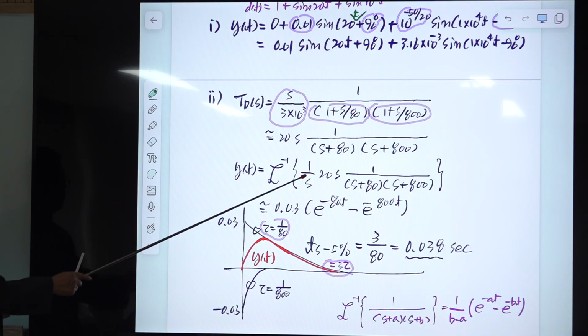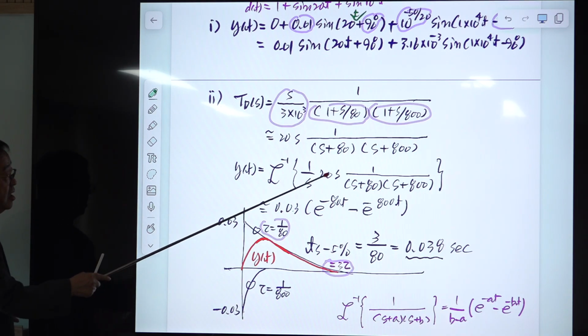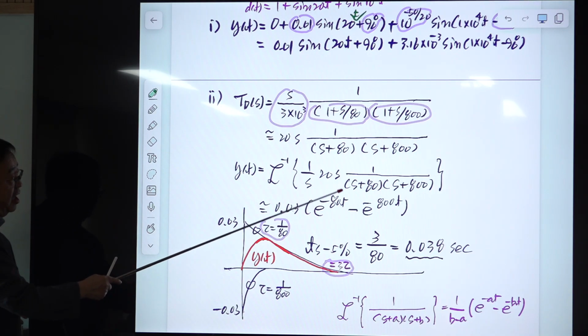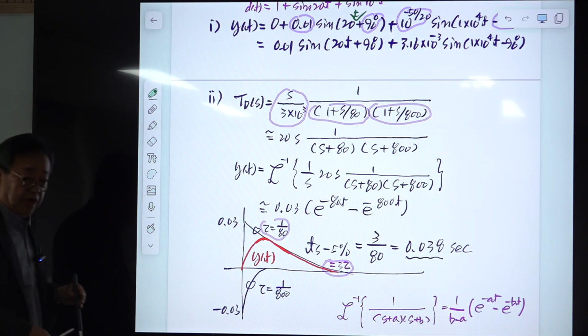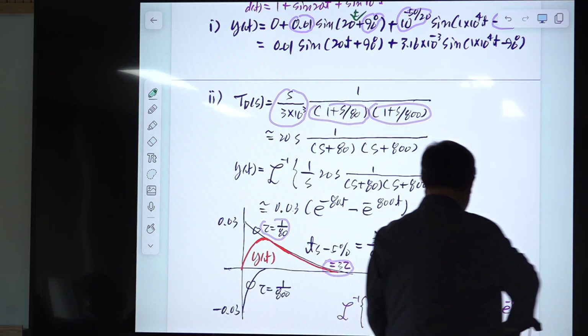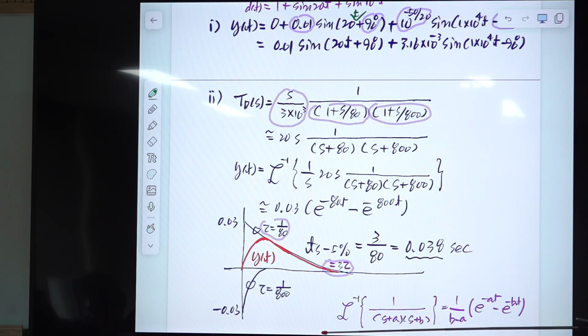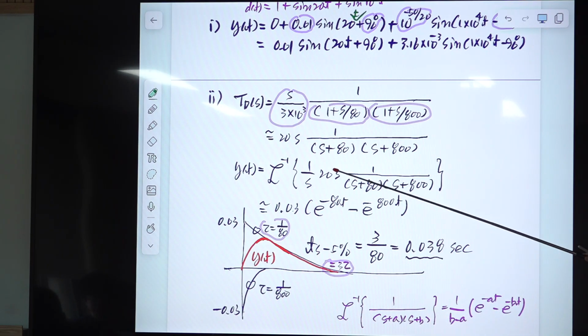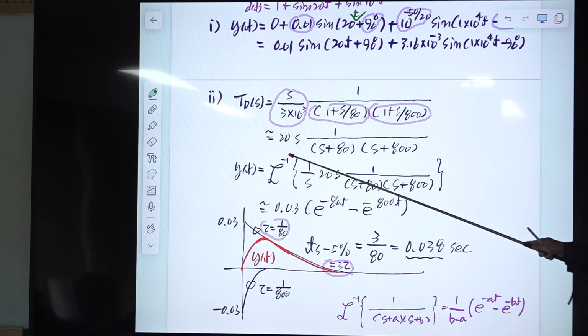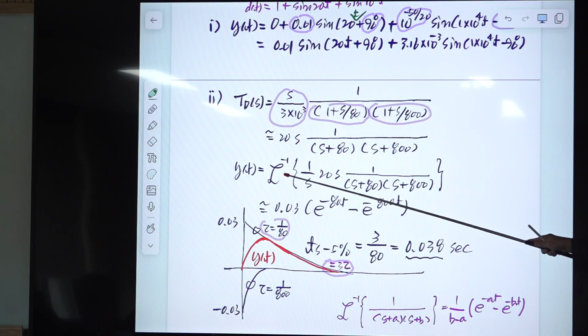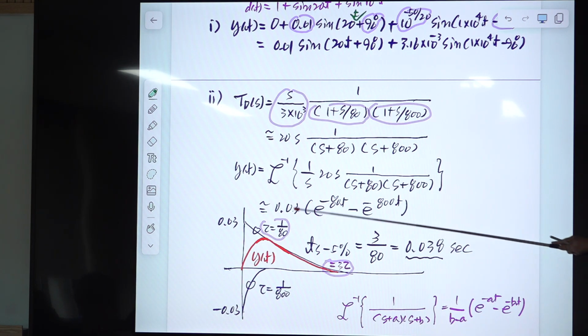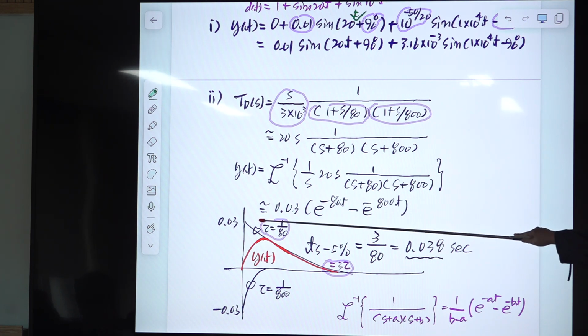So there is a 1 divided by S, they cancel, and you have this. Then you can perform the partial fraction expansion. You know this formula, and you can easily calculate this. From this one, you know the formula of the inverse Laplace transformation of this simple form. Then the output is given by this.